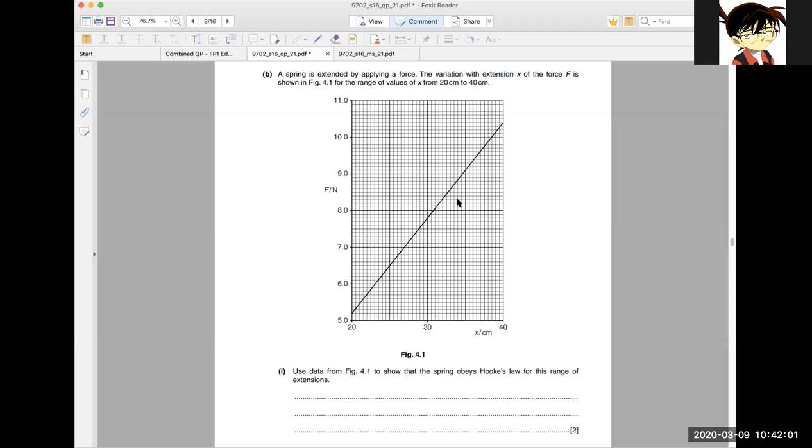So first of all, you say that it has a constant gradient. And then you also need to show that it passes through the origin. So how can you show that it passes through the origin? I don't know.